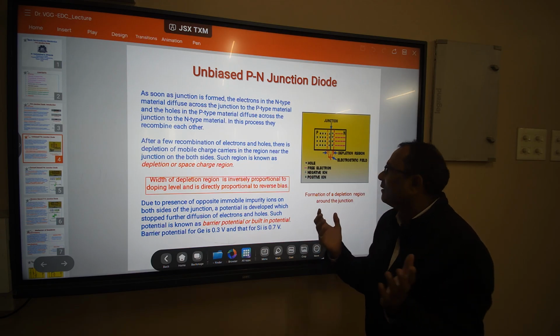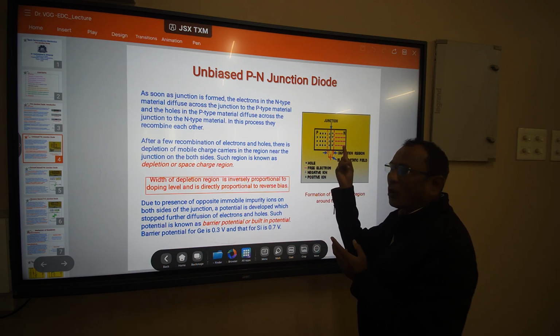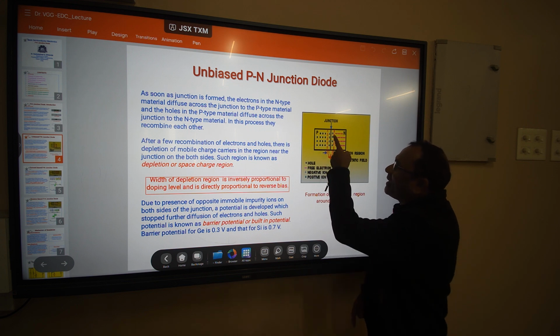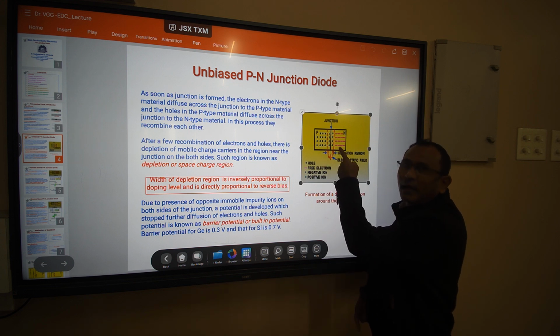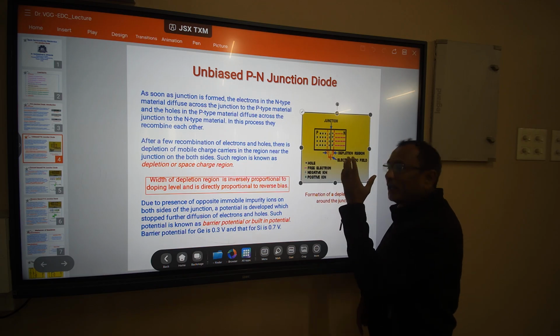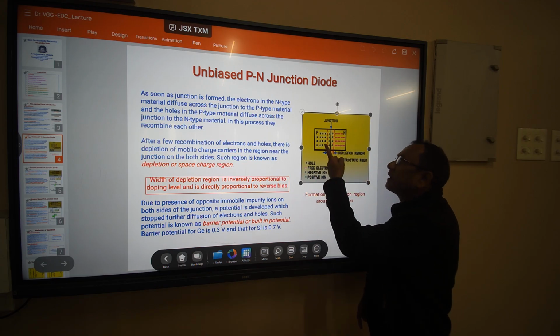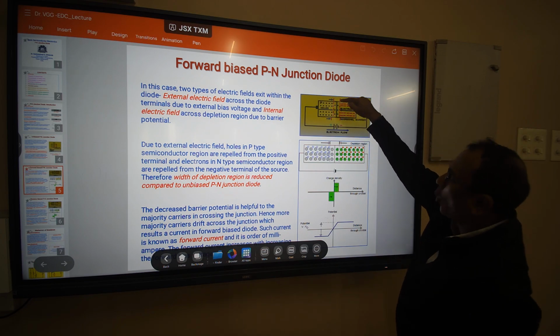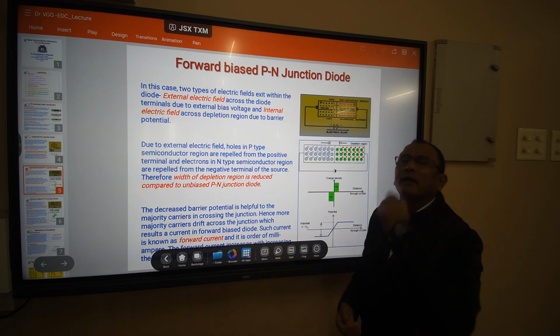Later on, the n-type semiconductor electrons cannot go to the p-type semiconductor, because there is a layer of negative charge and there will be a huge repulsion. That's why further electrons cannot reach the p-type. In the same way, the holes cannot reach the n-type, because there is a layer of positive charges from the holes, and there will be huge repulsion.